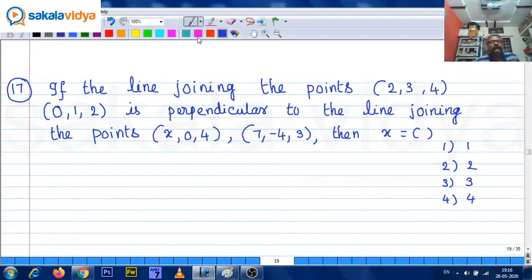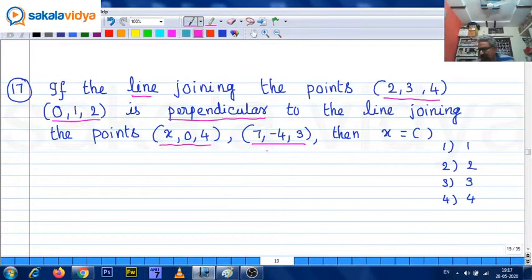Okay, the line joining the points 2, 3, 4 and 0, 1, 2 is perpendicular to the line joining the points x, 0, 4 and 7, minus 4, 3. Then x is equal to.